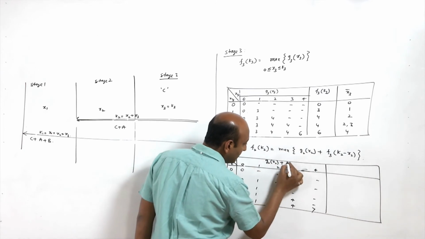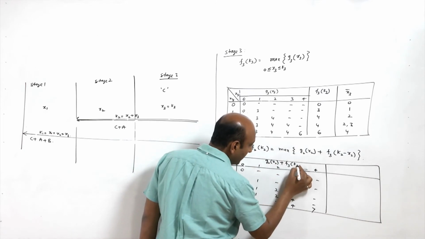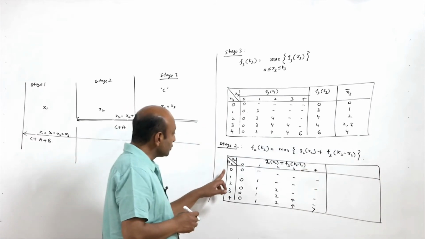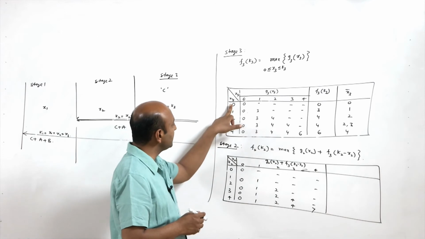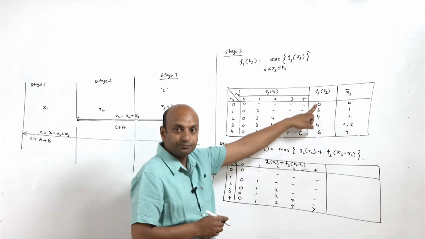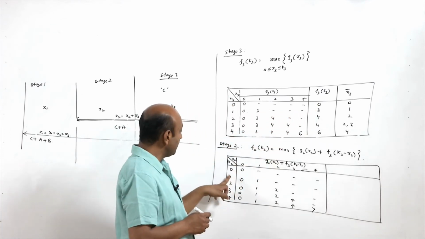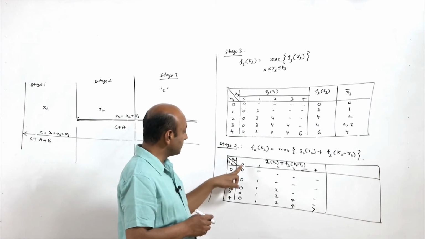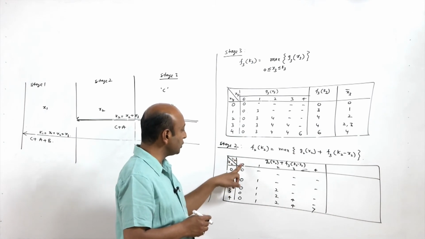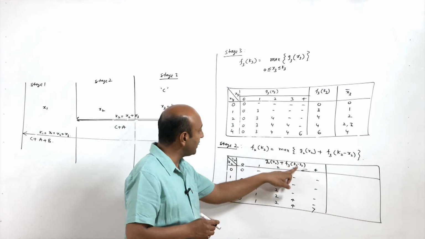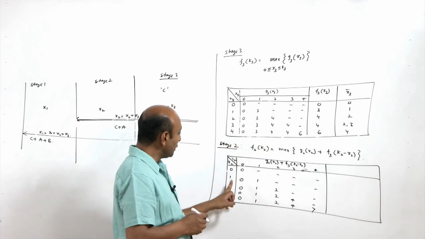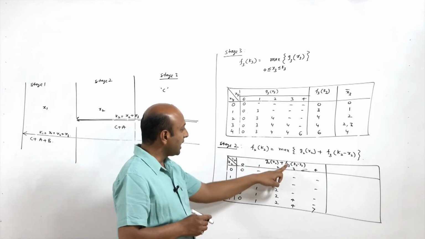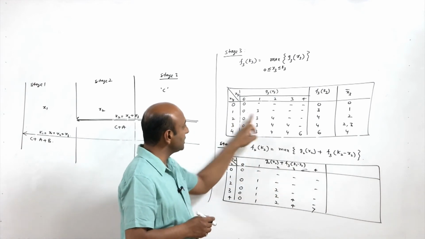Now, we have to add F3 of K2 minus X2 also. So, 0 minus 0 is 0 and F3 at 0 is 0. Then 1 minus 0 is 1, K2 minus X2, and F3 at 1 is 3. Then 2 minus 0 is 2 and F3 at 2 is 4.